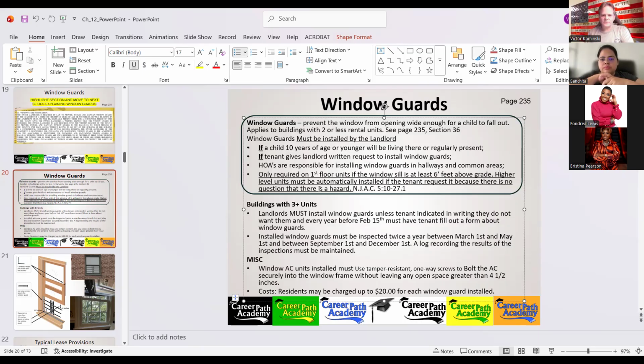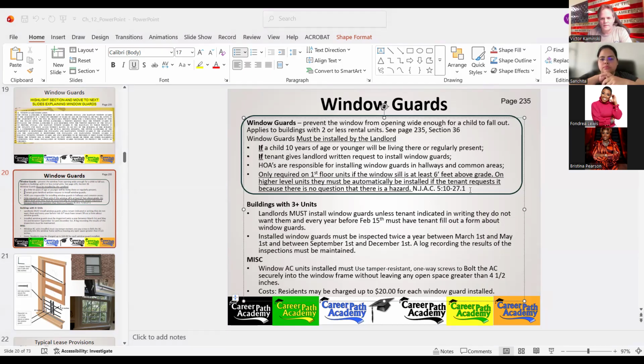Higher level units must have them installed if the tenant requests it, because there is no question that there is a hazard. And that's according to that code.